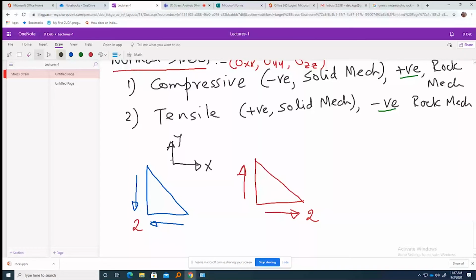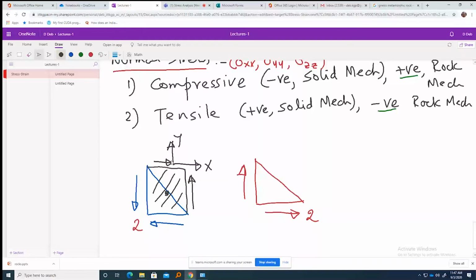Now let me give you an example. Let's say this is the plane, and I join this side also. So this one will become shear stress like this, and the counter shear stress on this side will be that. Mind that this is the stress acting at a point.